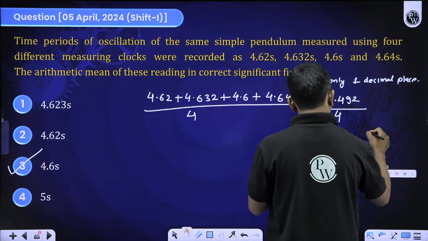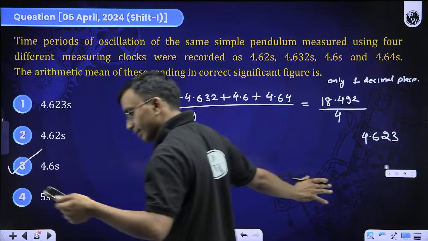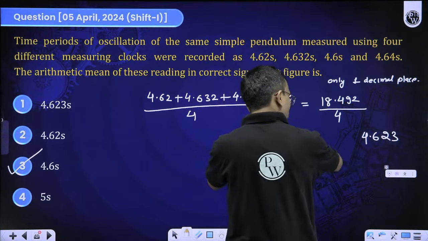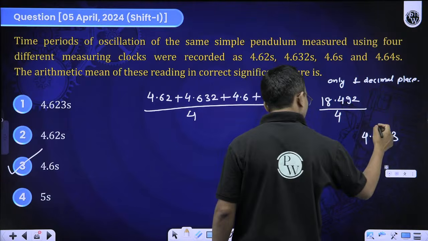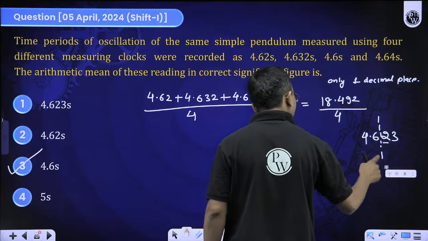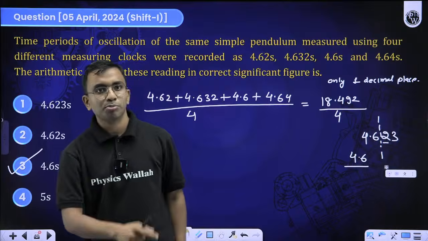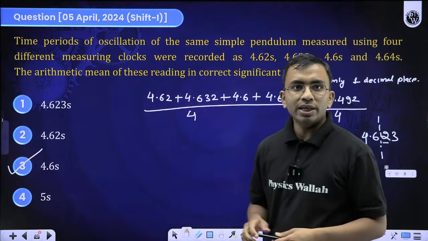This is 4.623. Now first write this, then you apply the rule. First do all the calculation, then apply the rule. Now the rule says it should contain only 1 decimal place. I have to round it off from here. Less than 5? Yes, less than 5. Drop it. You got the answer 4.6, which is the third option. I hope you all are able to get it.